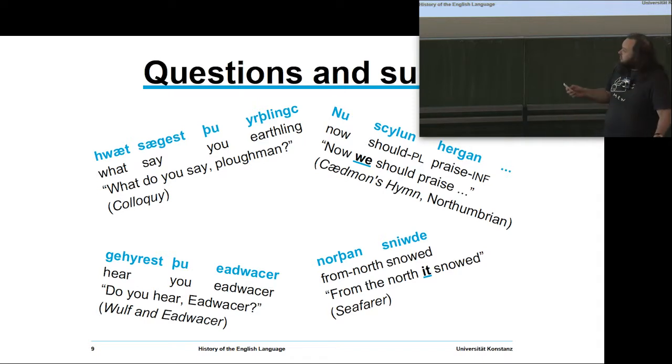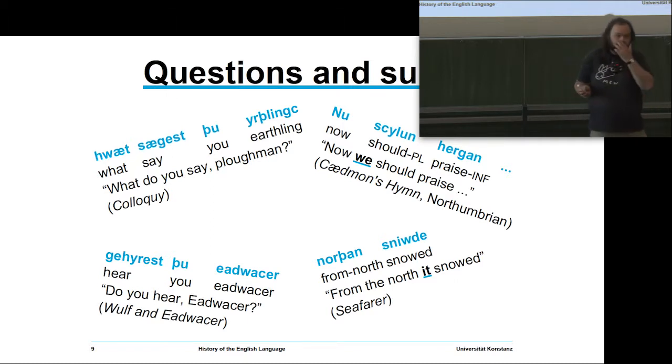It's inflected. It's got its usual inflection to agree with the subject du. Was sagst du? But what's important here for our purposes today is that you've got the finite verb say before the subject. This is a structure that isn't possible in present-day English.